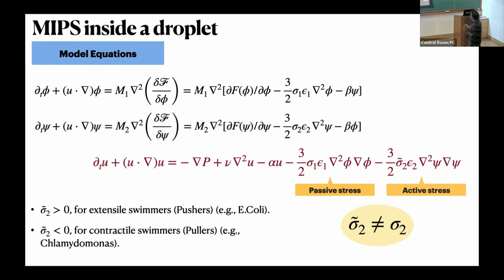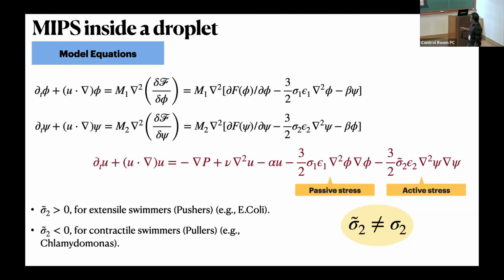I want to point out something here. For the phi case, sigma 1 here is the diffusive surface tension, and sigma 1 here is the mechanical surface tension, that is the reaction to the fluid. They are equal here, but in the active case, for the active field psi, sigma 2 is not equal to sigma 2 tilde. This is the difference.